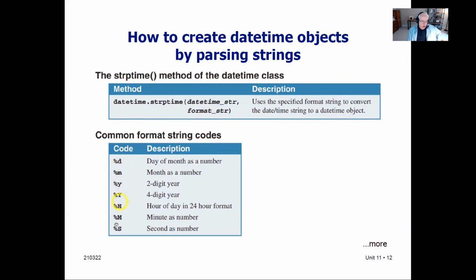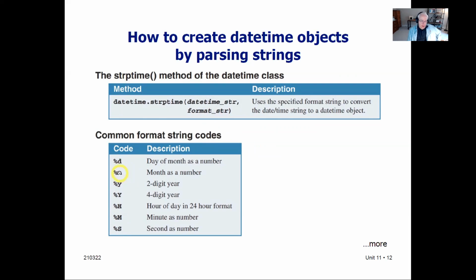So notice all of the codes start with a percent sign. That's the first thing. That's easy to remember. The second thing is much more complicated because notice we have upper and lowercase alpha characters, and that is important. These are very case sensitive.